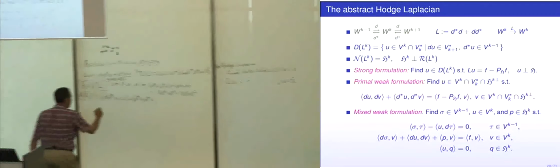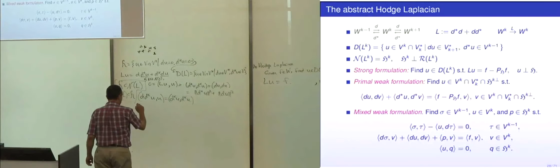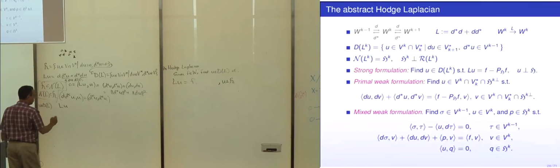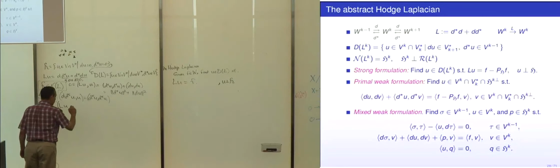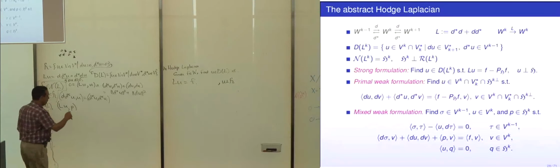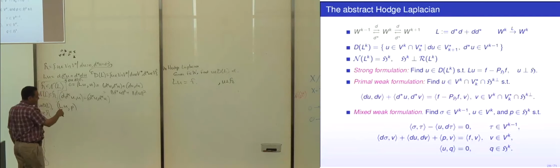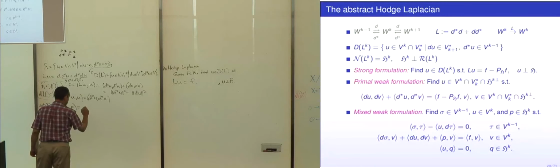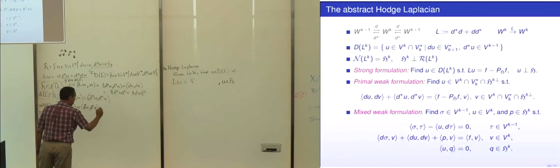But this is still not a well-posed problem. And that's because if I take Lu, so suppose u is in the domain of the Laplacian, and I look at Lu and take its inner product with a harmonic form p. Well, then I do the same. So a harmonic form p is in the domain of L, so we have all the domains we want, so we can move all the d's over as d stars, and this is the same as d star u, d star p, plus du, dp.